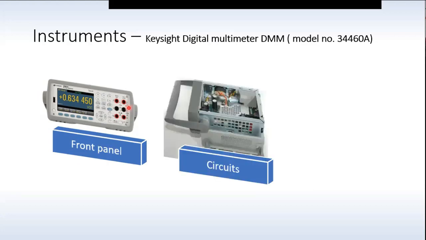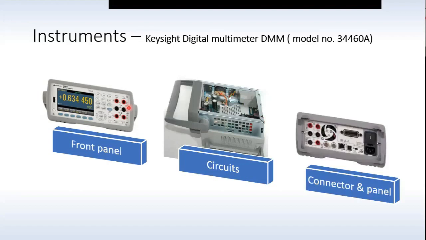If you open that instrument, you will see some circuits inside. And what else is there? There is a back panel. This is the front side here, and this is the back side here. Here you have connections to connect to your PC or to other instruments.